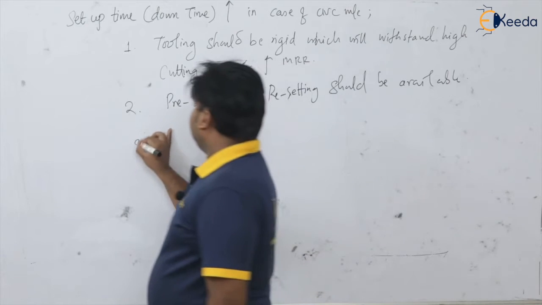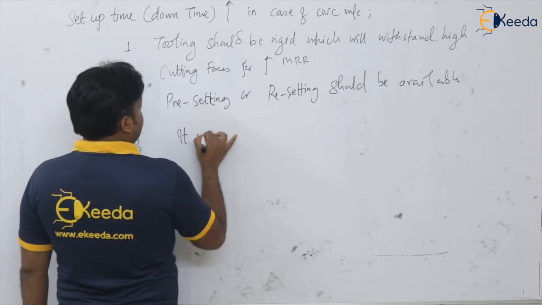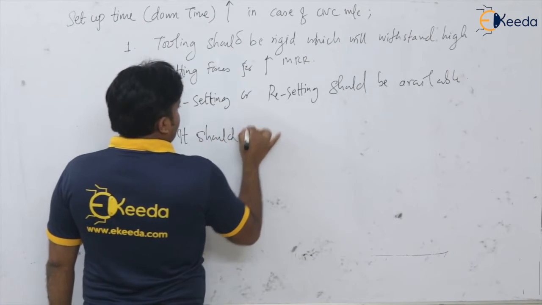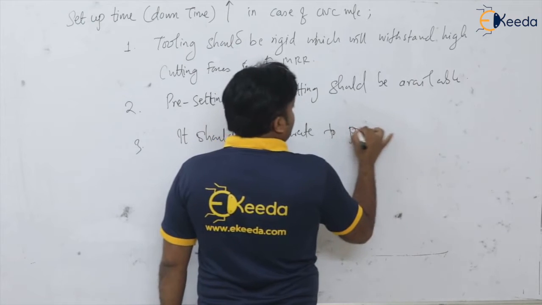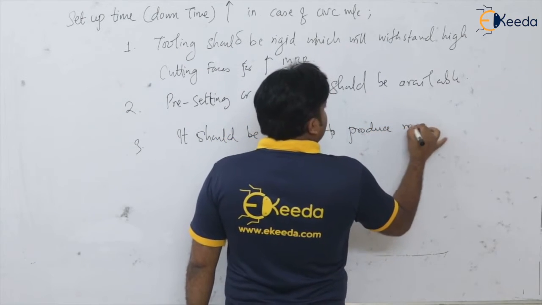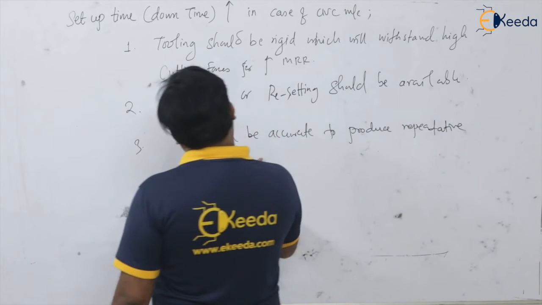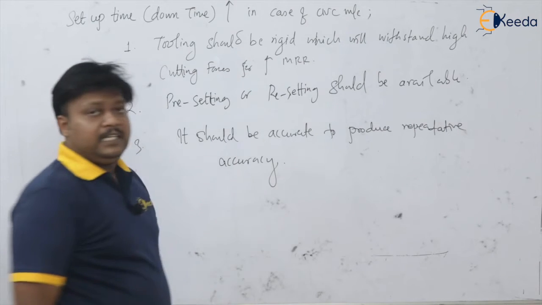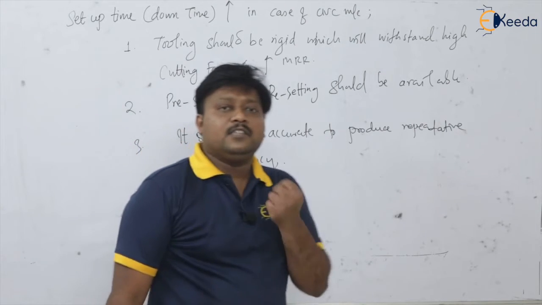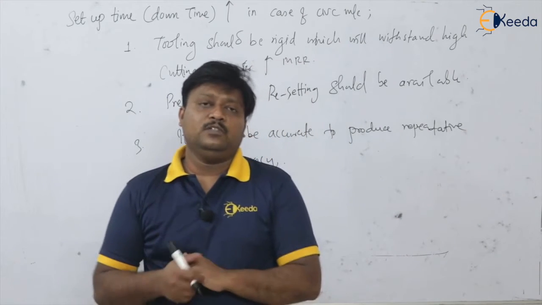And third is that it should be accurate, to produce repetitive accuracy. So these are some special characteristics that the tooling of CNC should have.